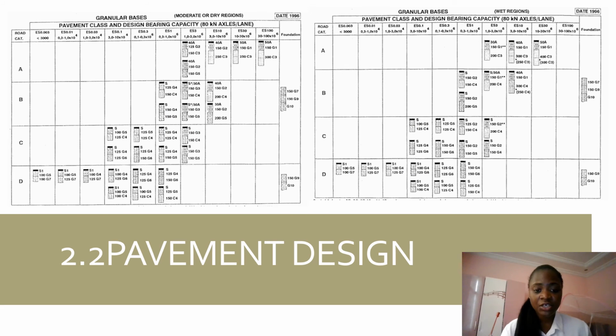And here is the selection. This is the catalog. This is the selection of the pavement, based on the traffic on top, the ES1 and so on, and based on the category of the road. So whether it's a class A or class B road, we select the type of layers that we're going to use.